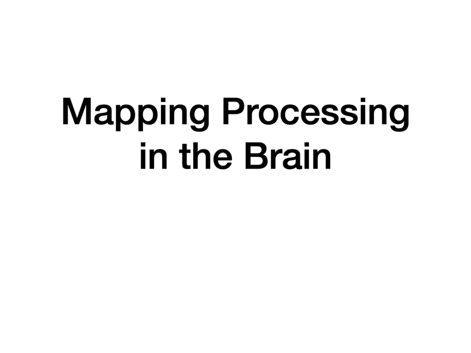And so we're going to continue exploring these questions of how neuroscience has evolved along these lines. And today we're going to talk about a hallmark of a lot of neuroscience for several decades, which is trying to map processing in the brain.